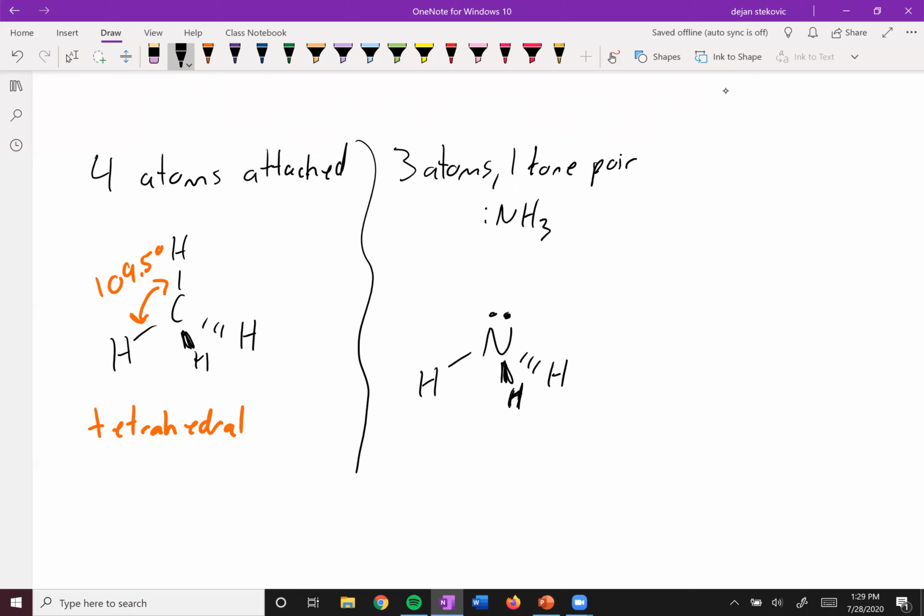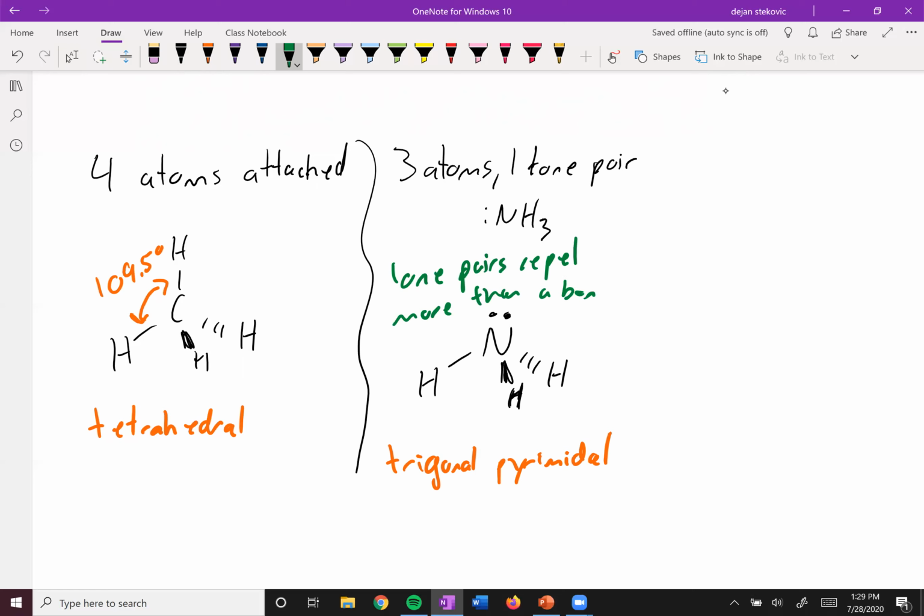But now since we're talking about the molecular geometry, we're not tetrahedral anymore. Now we are trigonal pyramidal. And remember that the lone pairs repel more than a bond. And so this bond angle here is actually less than 109.5 degrees.